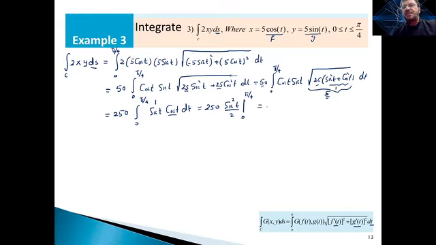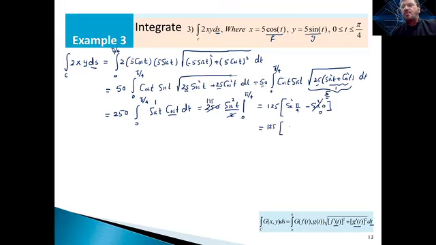But this one with this one is 125, right? So what do we have now? We put in the pi over 4. So this is sine square pi over 4 minus sine square 0, which is equal to 125. We know that sine 0 is 0.